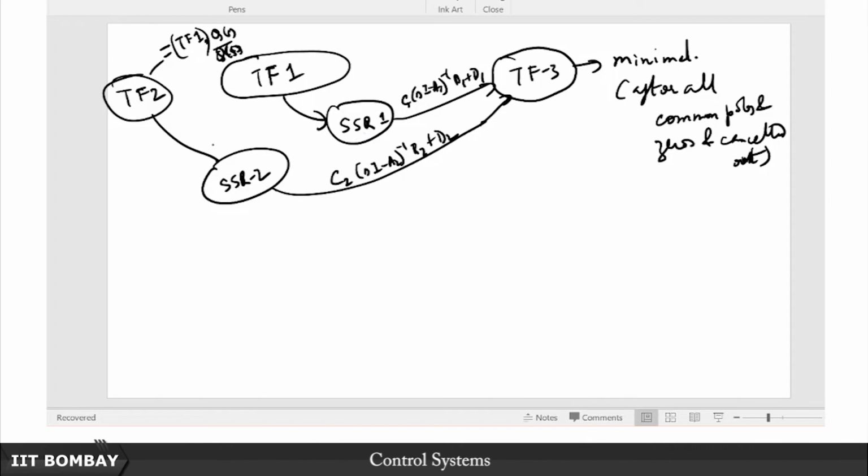So this can be an n2 cross n2 realization for A, and A1 belongs to n1 cross n1. But irrespective of that, if you now take this map, you will see that you end up with the same transfer function. So this does not take you back to this transfer function, and this does not necessarily take you back to this transfer function.